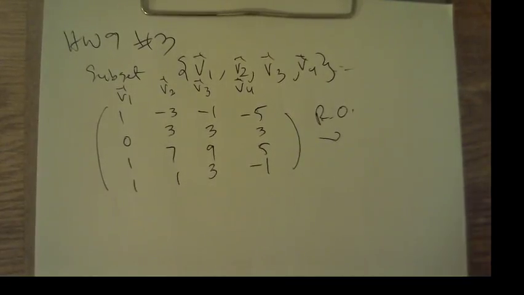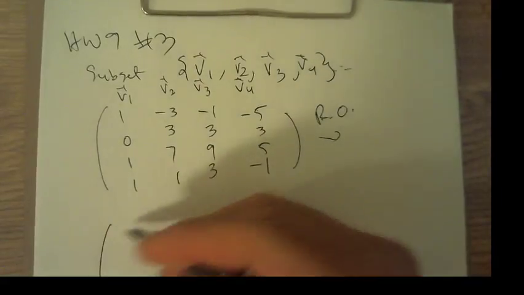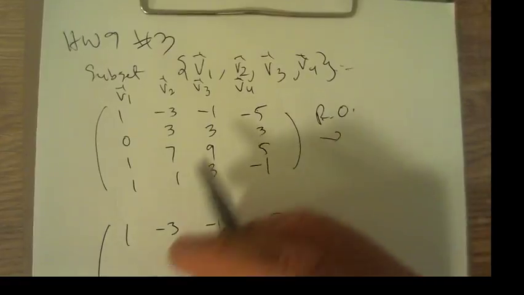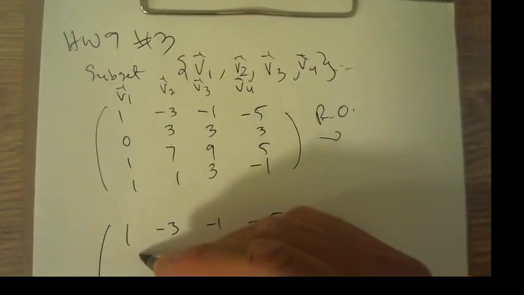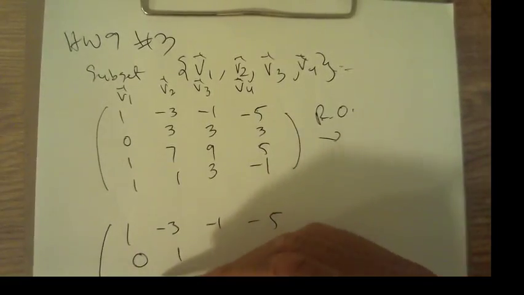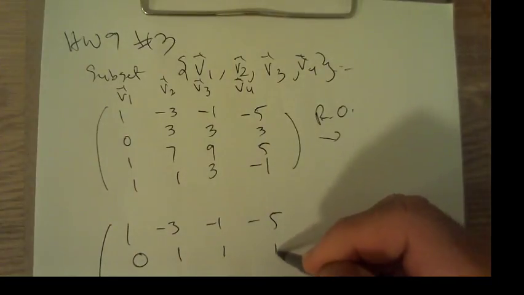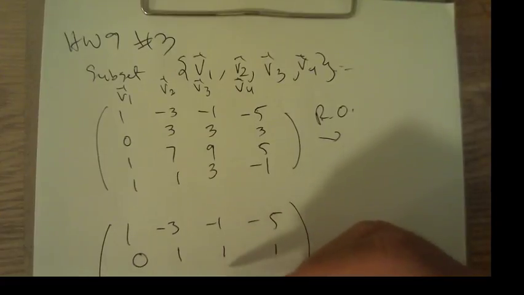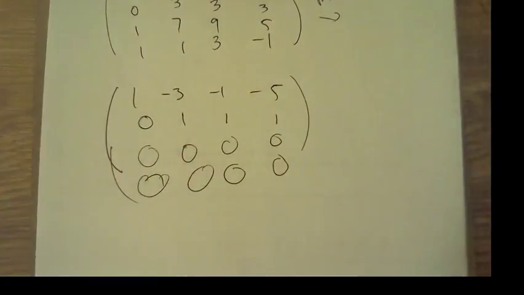Okay, so if I do this here, row operations, I should get something like this.